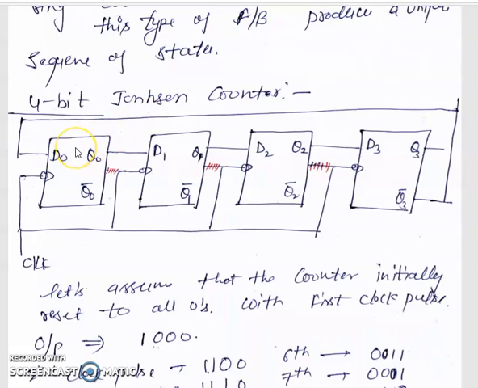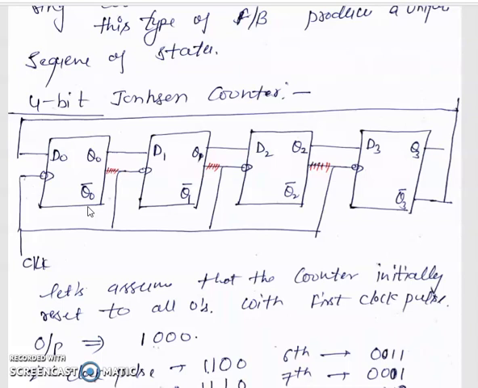So we use D flip-flops number 1, 2, 3 and 4, denoted D0, D1, D2 and D3, with outputs Q0, the normal output, and Q0 bar, the inverted output. It is a synchronous counter, so the clock is applied to all the flip-flops at the same time.